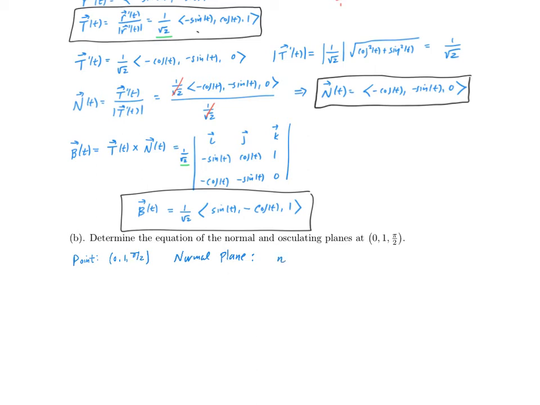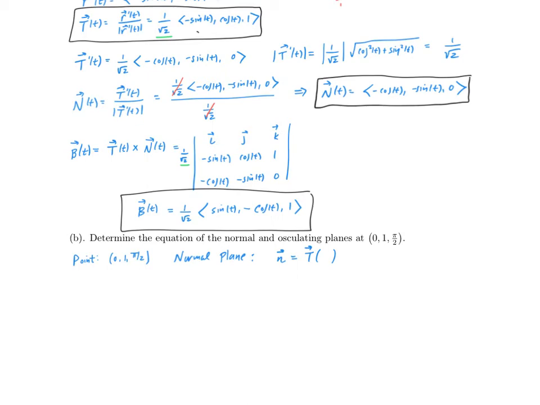So our observation at the end of the previous video is that the normal vector to the normal plane, and I realize there's a lot of normals going on here, so I apologize, but that's just part of the language and material, is the unit tangent vector corresponding to this point.